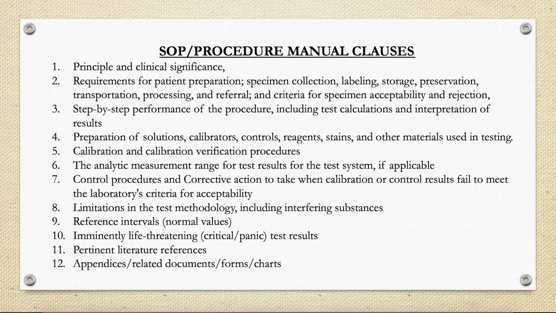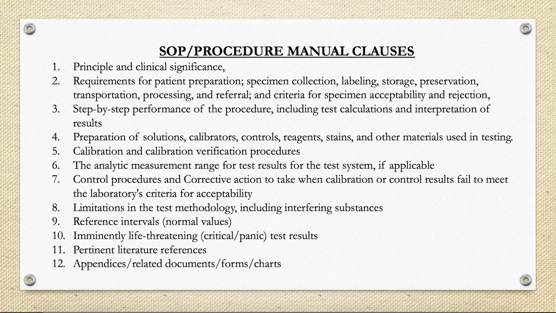Step-by-step performance of the procedure, including test calculations and interpretations of results. 4. Preparation of solutions, calibrators, controls, reagents, stains, and other material used in testing. 5. Calibration and calibration verification procedures. 6. The analytic measurement range for the test results for the test system, if applicable.